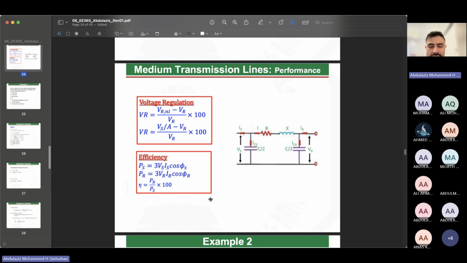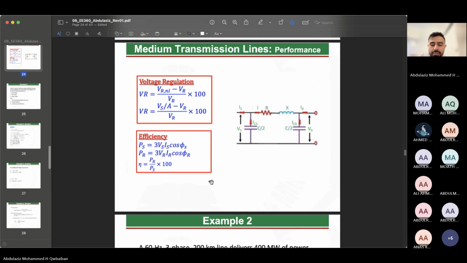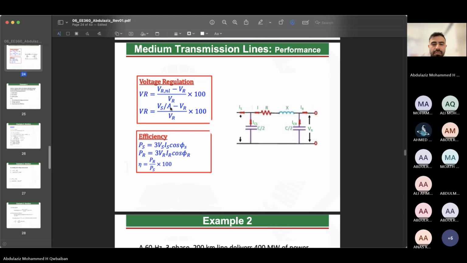I think that could be wrong. So let's fix the formula. Just put Vs minus VR.